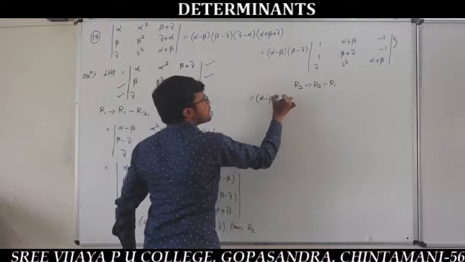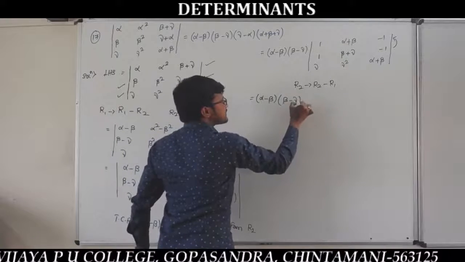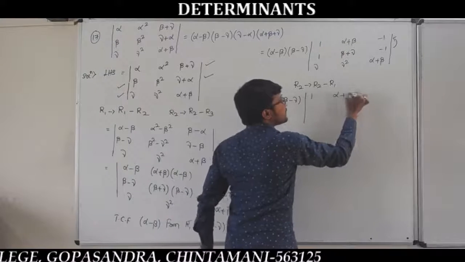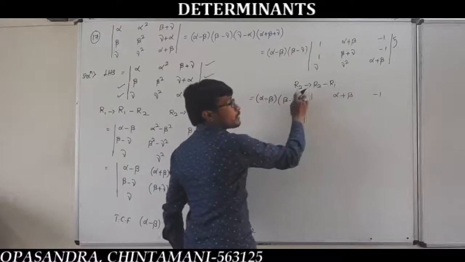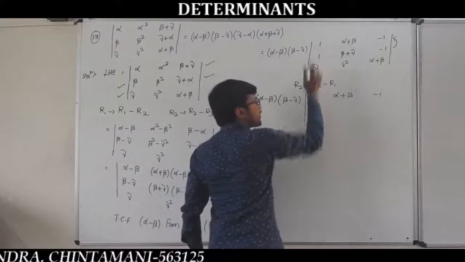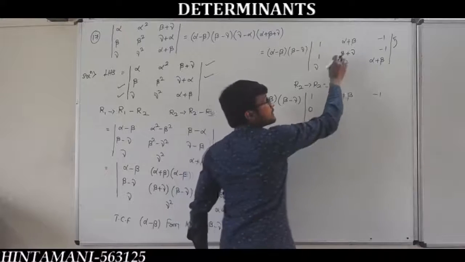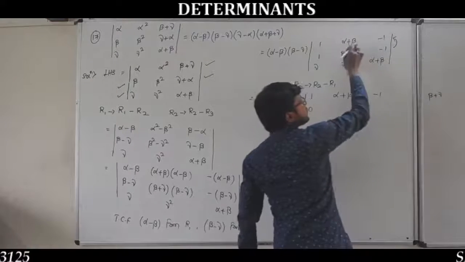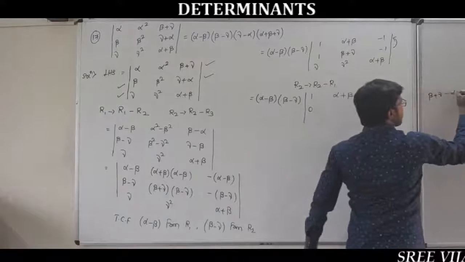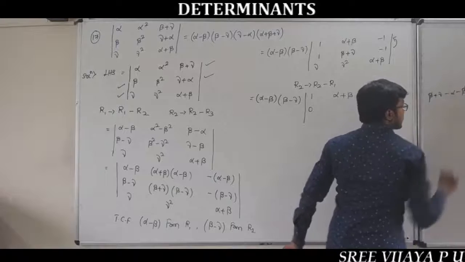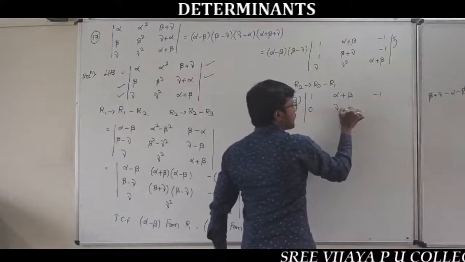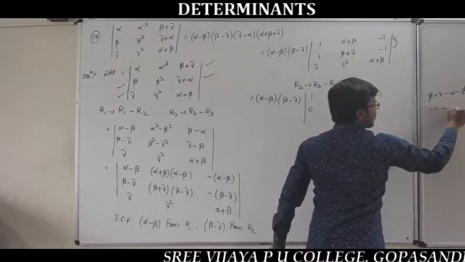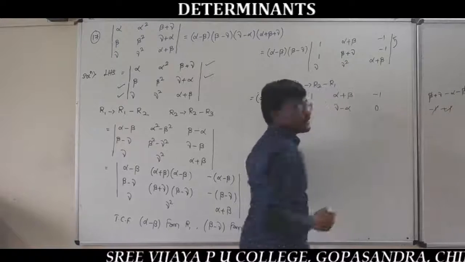Alpha minus beta, beta minus gamma, R1: 1, alpha plus beta, minus 1. R2 can be taken as R2 minus R1, right? 1 minus 1, 0. So this minus this, right? So beta plus gamma, for these two apply with minus. So it is minus alpha minus beta. Beta minus beta gets cancelled, remaining gamma minus alpha. So minus 1, minus of minus becomes plus 1. So again minus 1 plus 1 gets cancelled, you get 0.